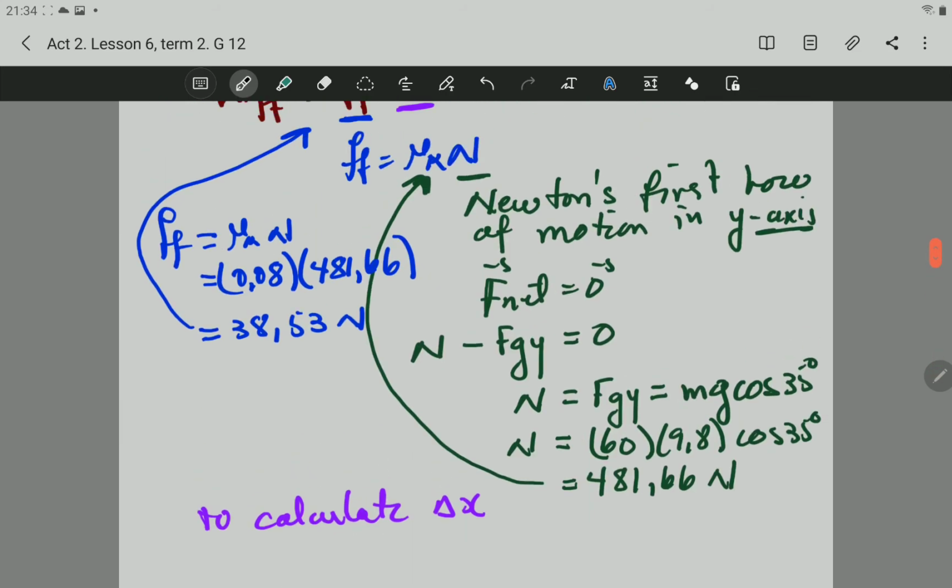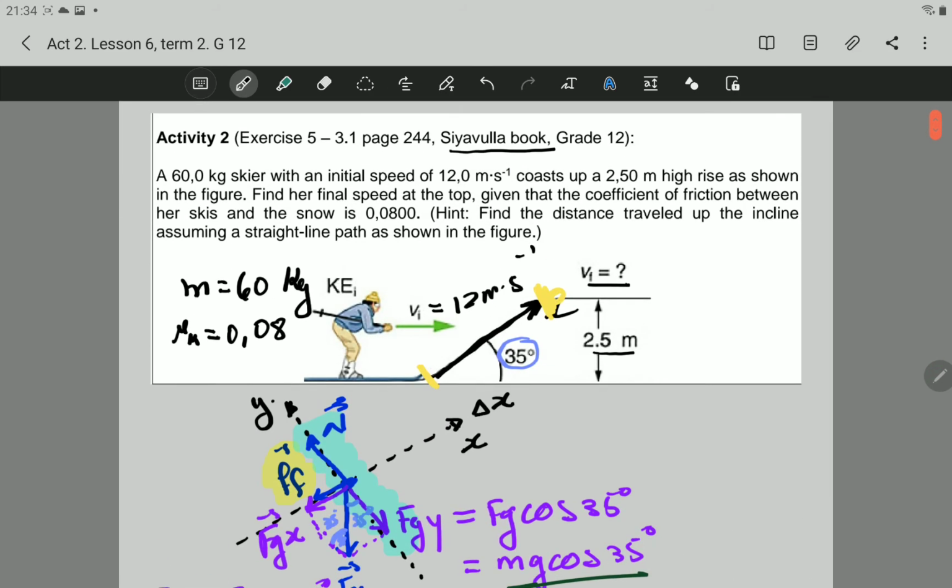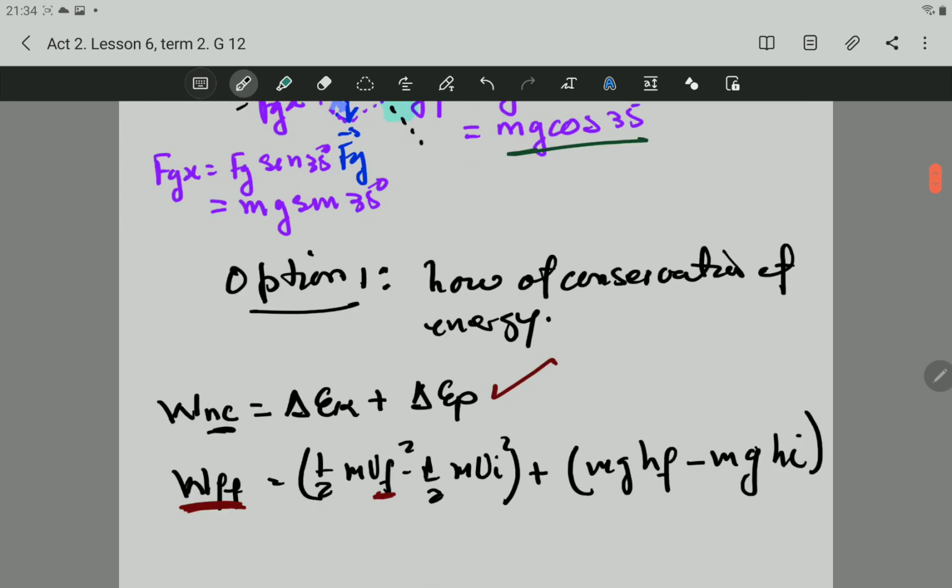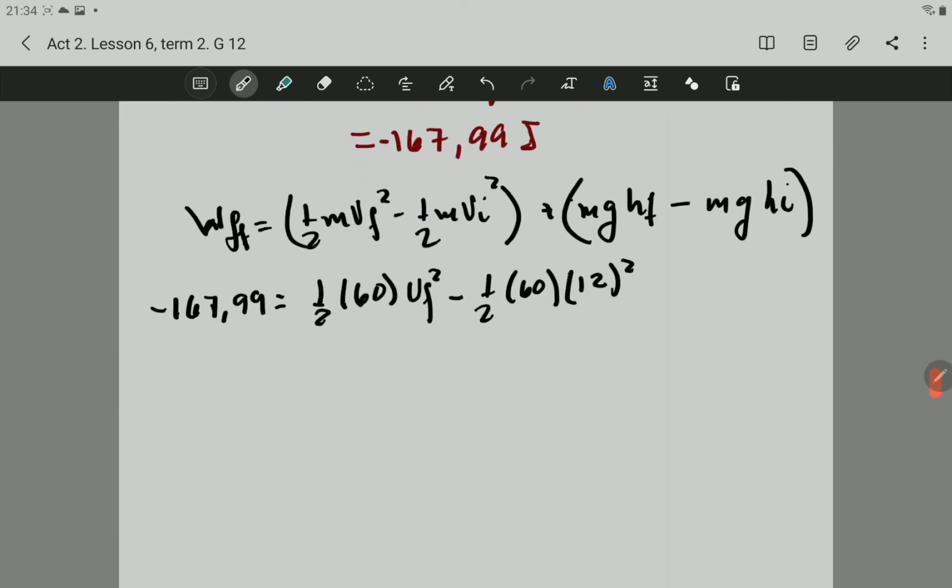Remember, it is 12, that is the initial speed. And everything plus 60 times 9,8 times the height, which is 2,5.